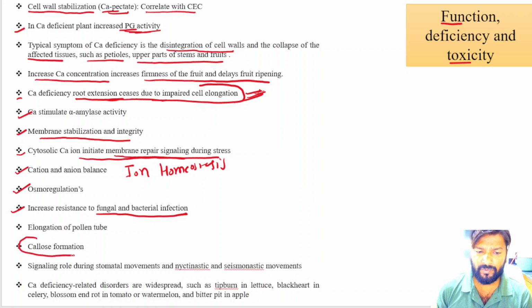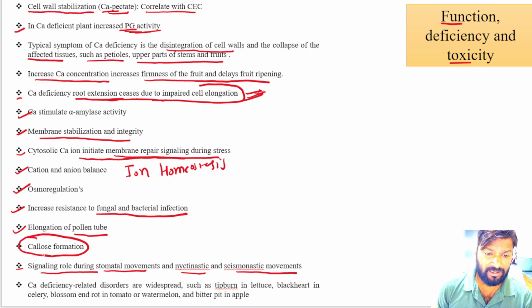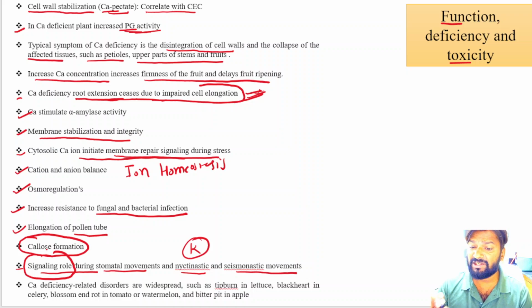It not only elongates the root but also elongates the pollen. It also has an important signaling role during the stomatal movement and nyctinastic and seismonastic movement. Potassium has an important role, but calcium has an important role in the signaling of these movements.